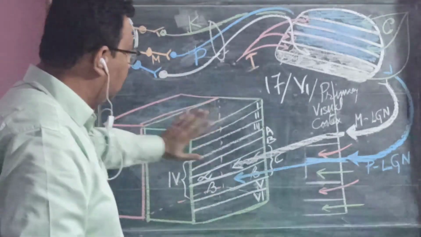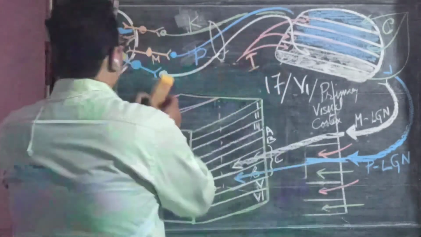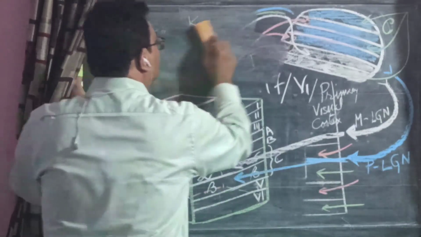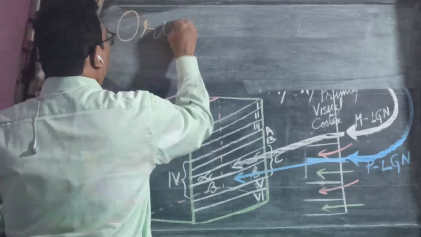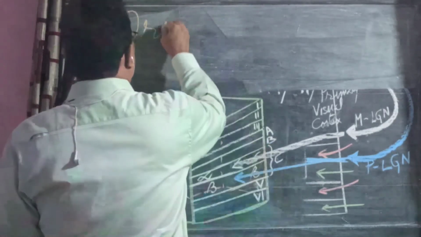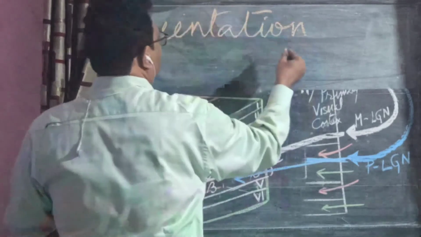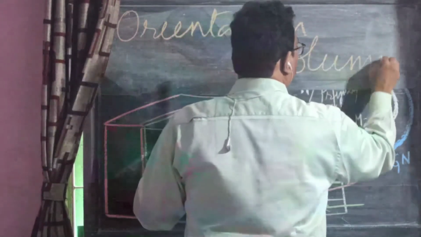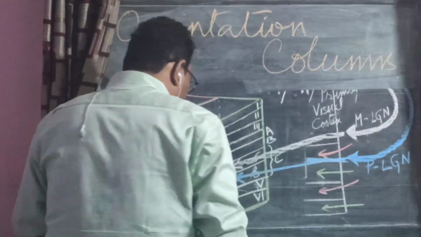So what are the other components besides ocular dominance? Very interestingly, we see orientation columns. What do we mean by an orientation column?